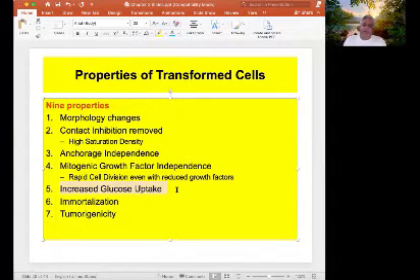And because of their growth rate, they have an increased need for food, and glucose uptake is increased proportionately. They become immortalized. That means they don't have telomere shortening. They don't come to a standstill or have cell death after a certain number of cell divisions. They can grow indefinitely.